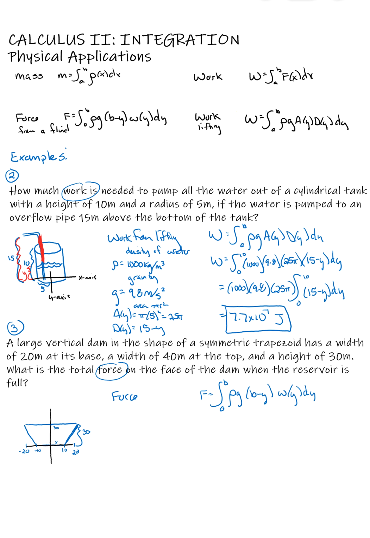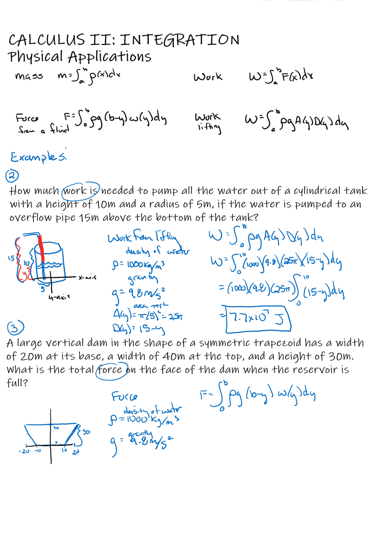In this case, rho is density, and we are looking at water. It's 1,000 kilograms per meter cubed. g is acceleration due to gravity, 9.8 meters per second squared.